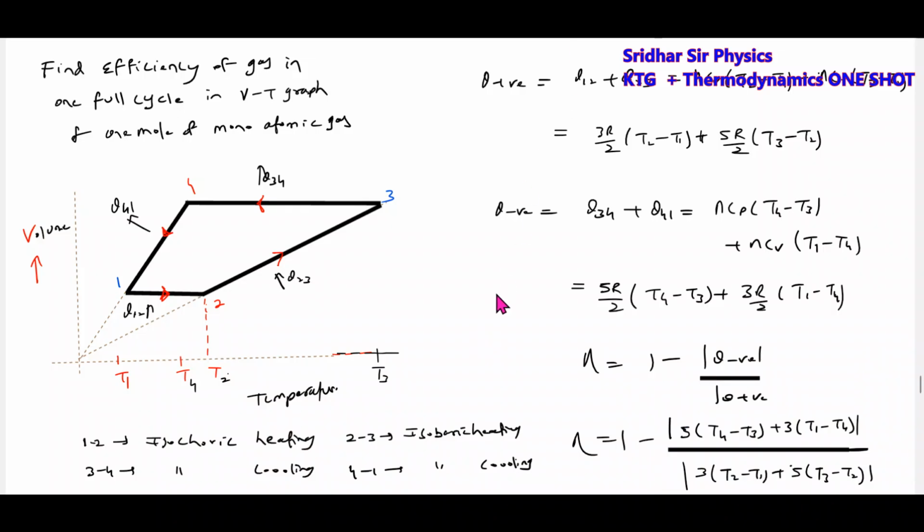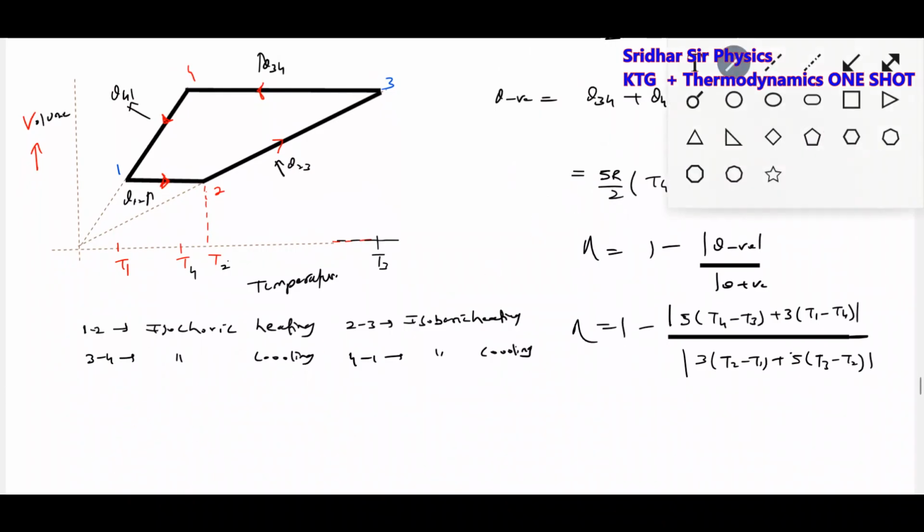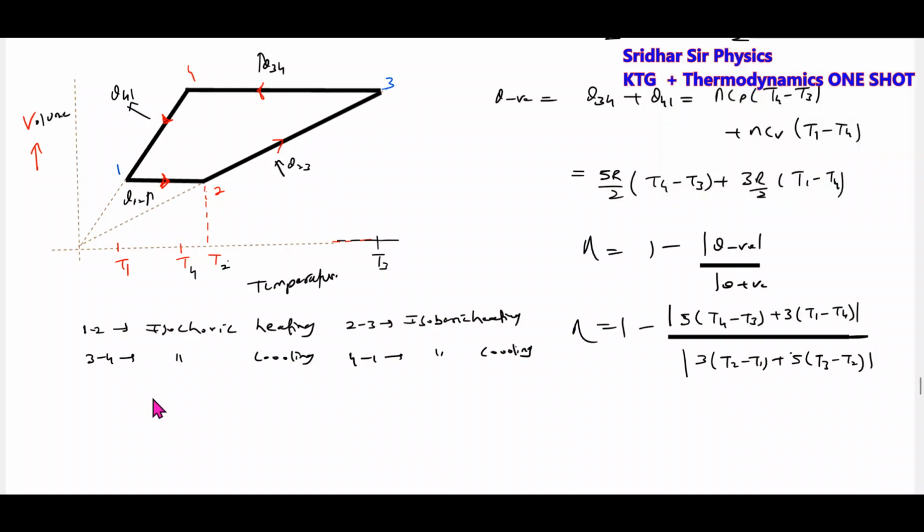Then, okay sir, how do you plot the graphs? Can you show the plotting graphs? First, the PV graph: pressure versus volume.